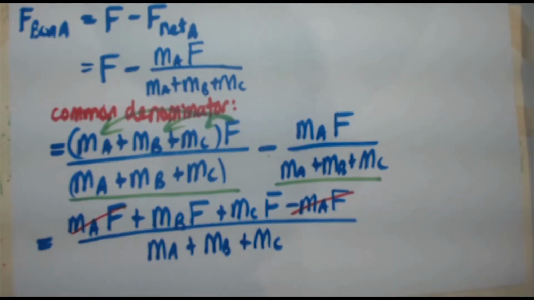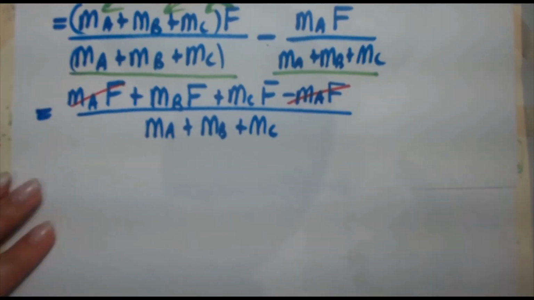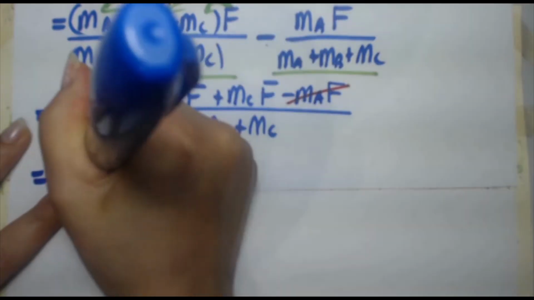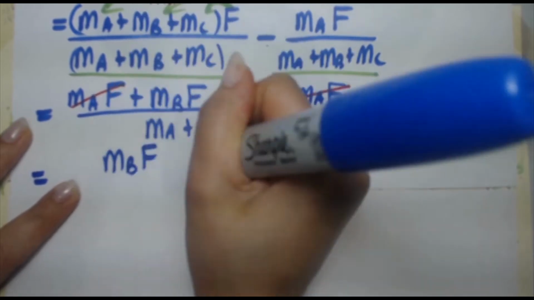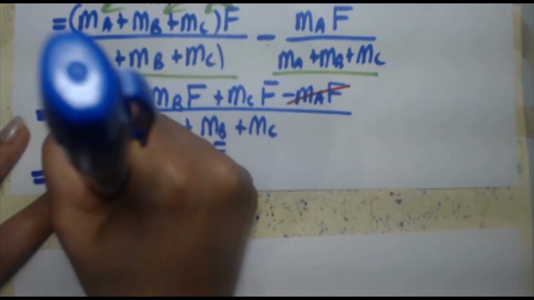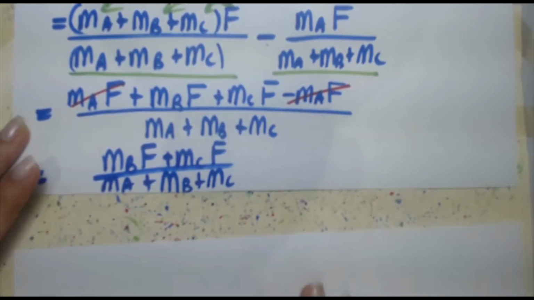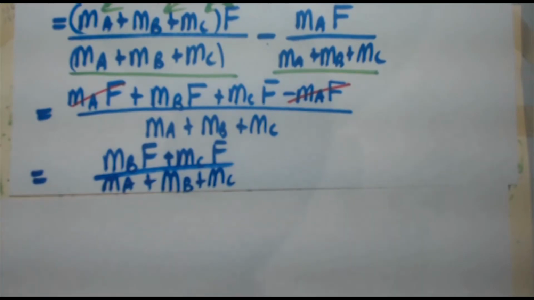So my next line is going to be this, which equals m_B F plus m_C F over m_A plus m_B plus m_C. Hopefully this sticks out to you at this point.